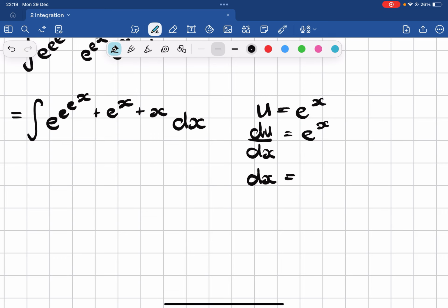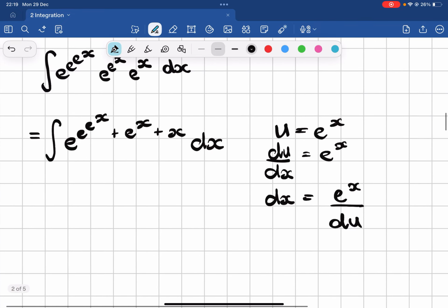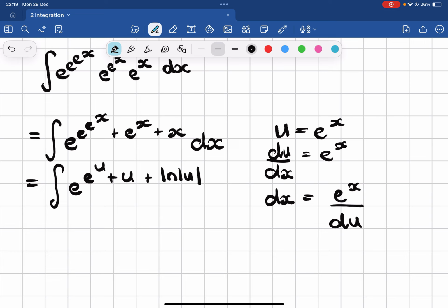That's a mistake. That's fine. So now let's make our substitution. E to the e to the u plus u plus x. Well, we know x is just ln u, because ln e to the x just gives us x.